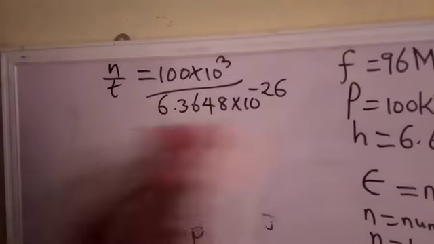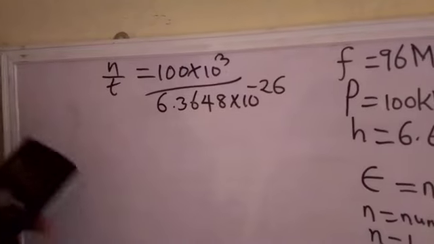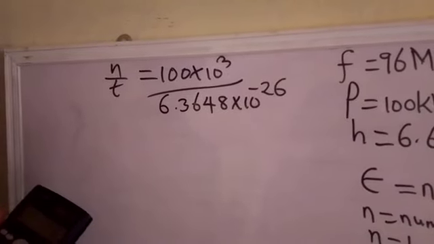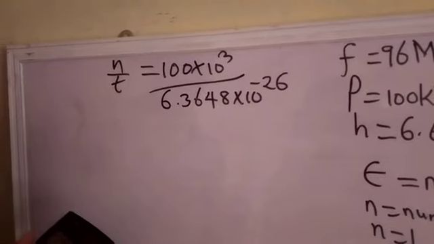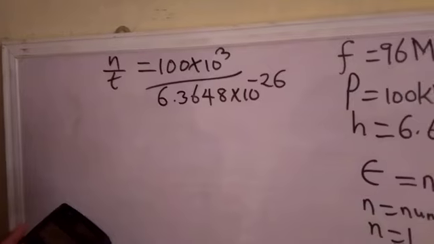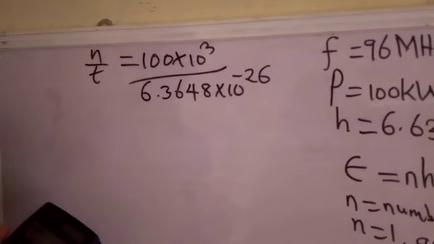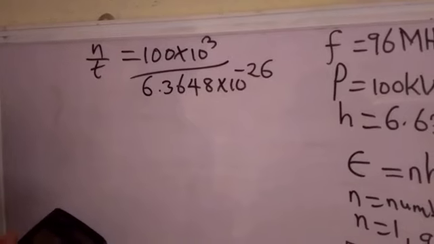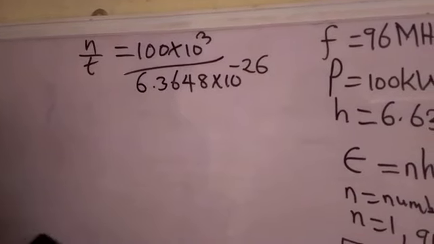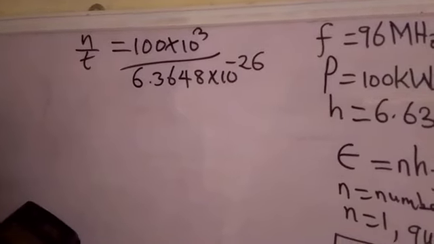So I will divide 100 times 10 raised to the power 3 by 6.3648 times 10 raised to the power minus 26.